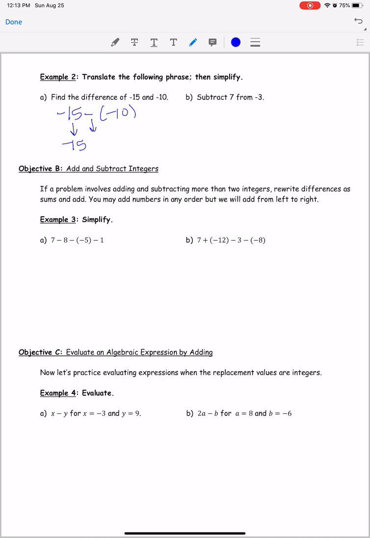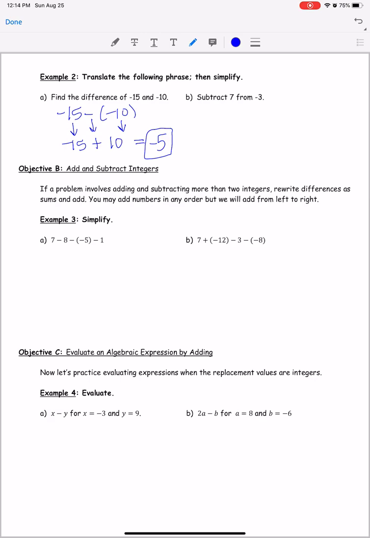Change subtraction to addition. Flip this sign, so -10 becomes +10. So -15 plus 10. We've got different signs, so we subtract. 15 minus 10 gives me 5. Keep the sign of the bigger number. The bigger number is 15, and it's negative, so my answer is -5.